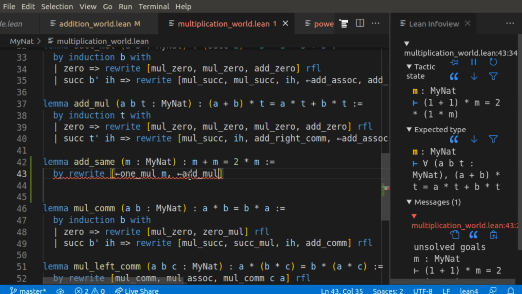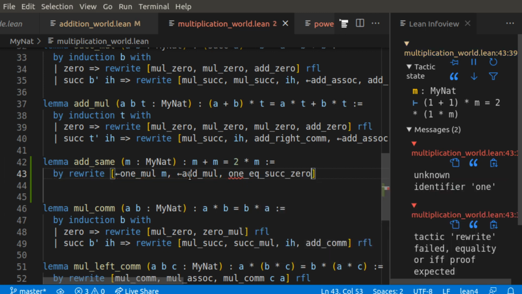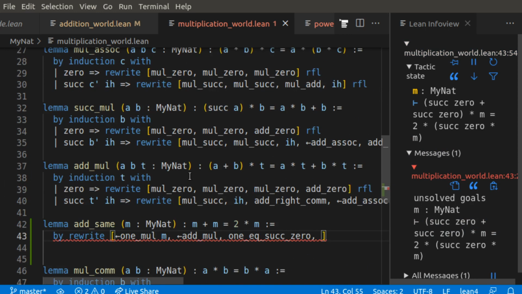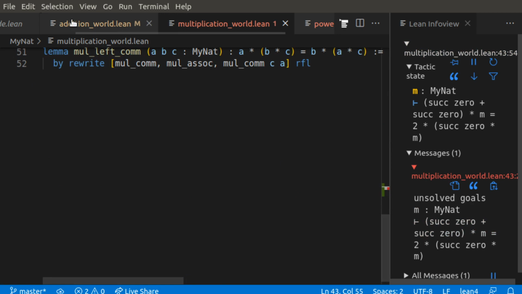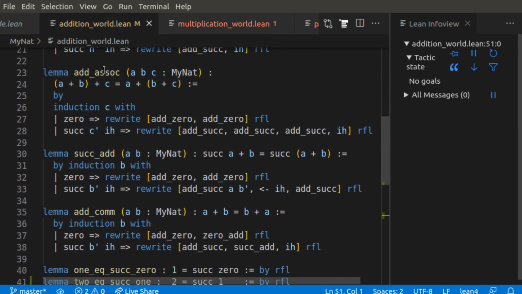I guess we just apply 1 equals successor 0, and then we combine the successor zeros with successor add.